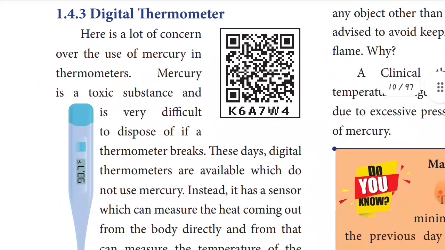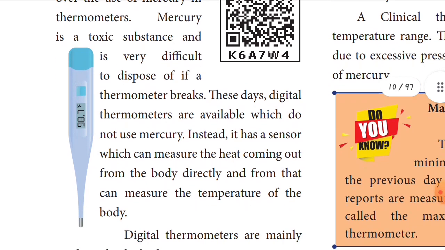The digital thermometer, children. This is one of the best ways we use in hospitals. You see this type of digital thermometer? Nowadays we are using the digital thermometer, which is the easiest way to measure. There is a lot of concern over the use of mercury in thermometers. Mercury is a toxic substance, already you know, and it is very difficult to dispose of if the thermometer breaks.